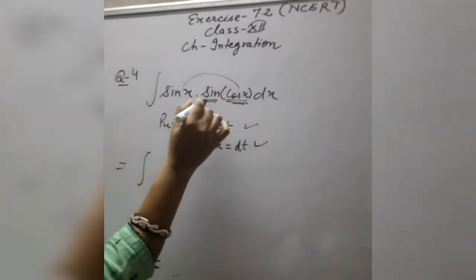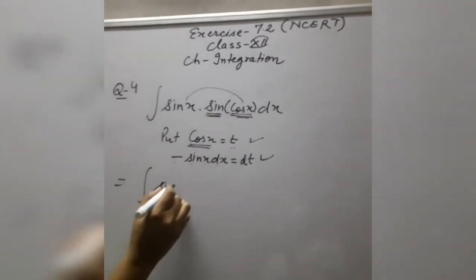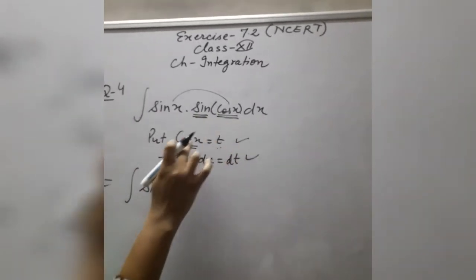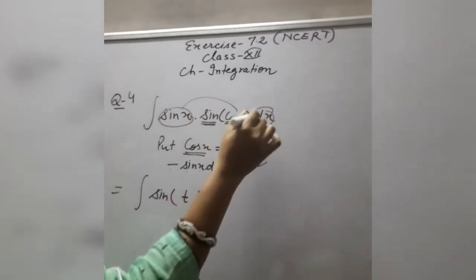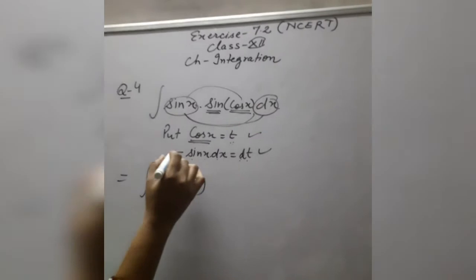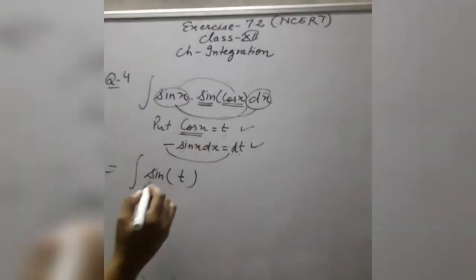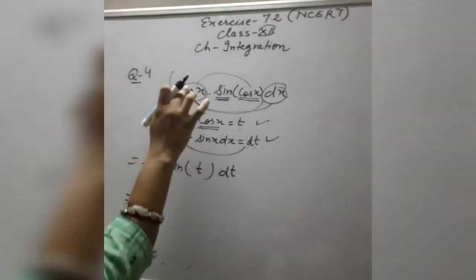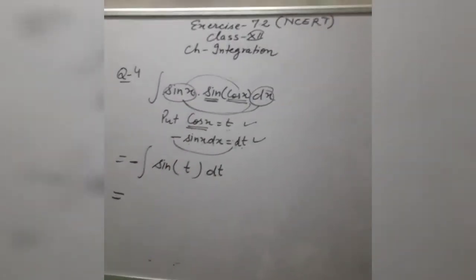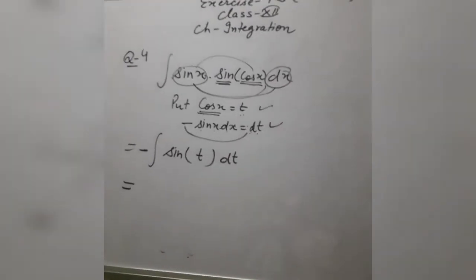The sine remains as it is. In place of cos x, write down t. In place of sin x and dx, write down minus dt. Now this function becomes a simple function, just the integration of sin t.